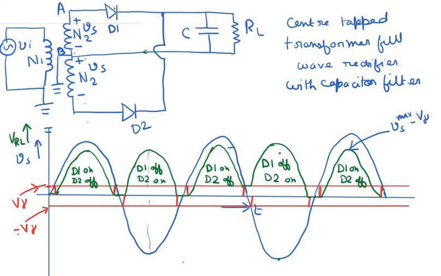Now if we draw the output of this center tap transformer full wave rectifier with capacitor filter, we will get a plot like I will show now. Initially, when the capacitor is discharged and this circuit is turned on, the capacitor charges up. It reaches its maximum at this point when Vs is also at its maximum value, and then when Vs decreases, this capacitor cannot discharge immediately, and so it maintains this constant voltage, which causes this diode to become reverse biased.